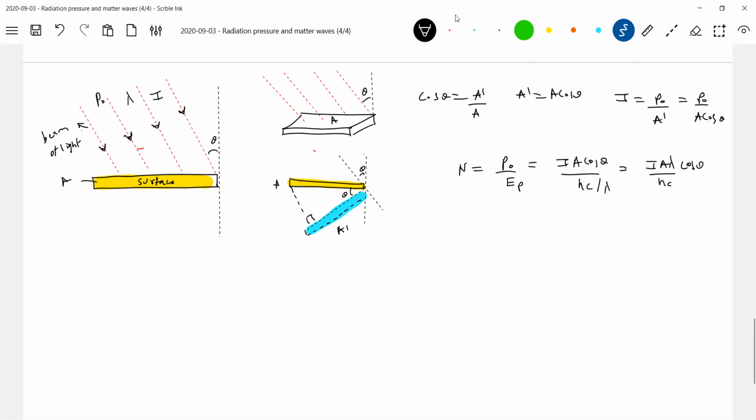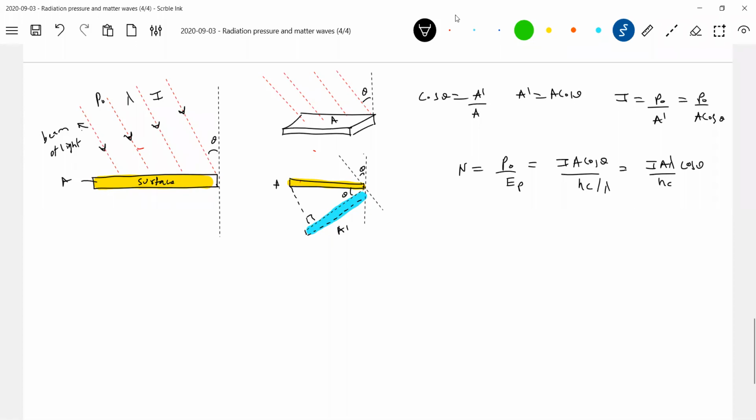It means if you change the orientation, the beam which was incident normally is now incident at an angle. So the number of photons striking the surface will change. I think this is very important. If you change the orientation of the surface with respect to the beam, the number of photons striking the surface will change.